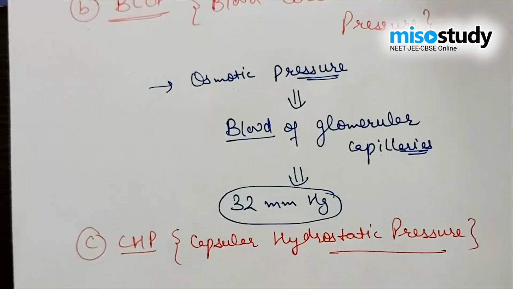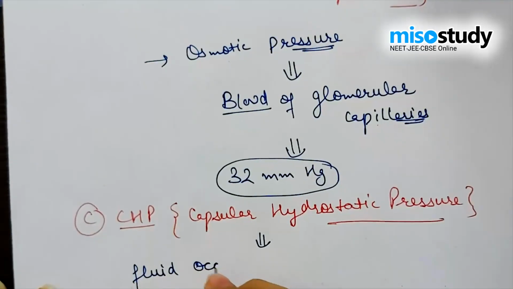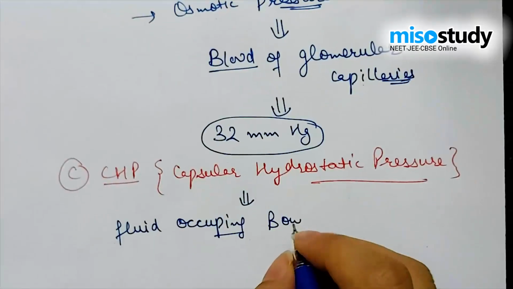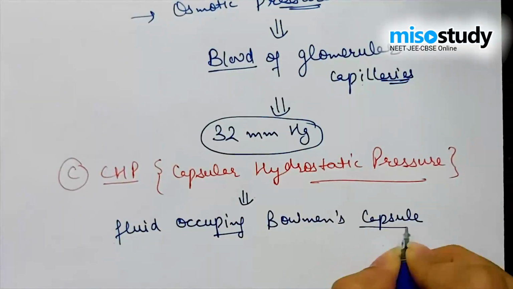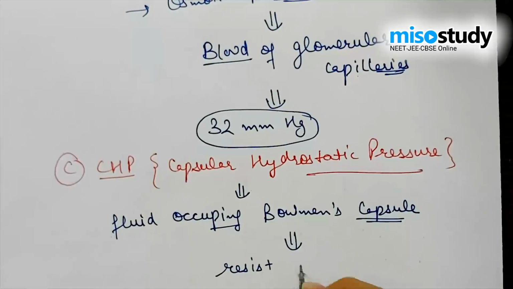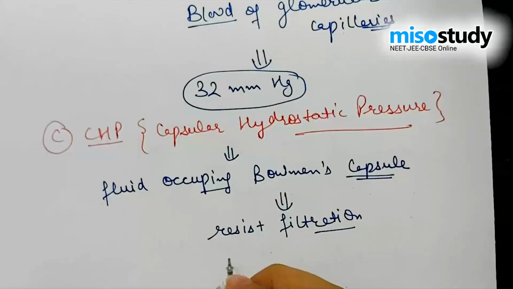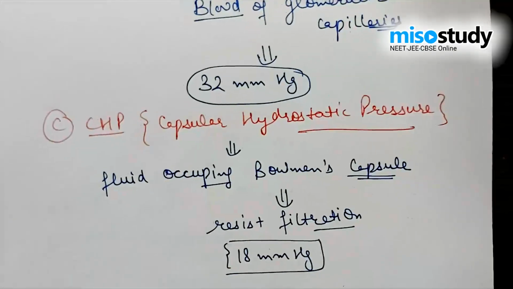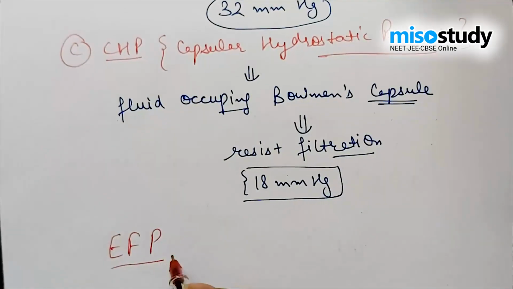It is the pressure exerted by fluid occupying the Bowman's capsule, and it resists the filtration, and its value is 18 mmHg.